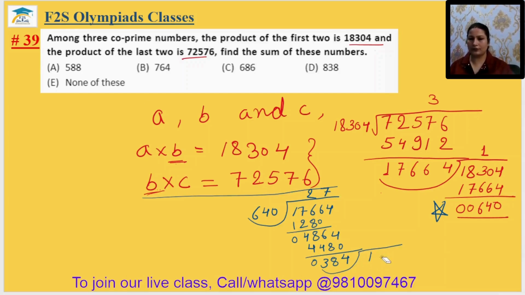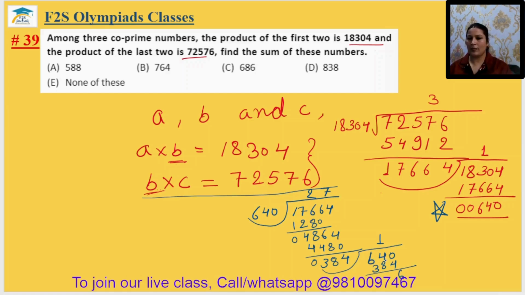So 640 it is. Now 384. 2s will be more, so we will take 1s. 384, it is 6.